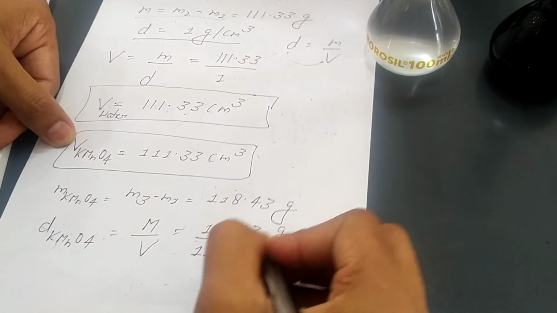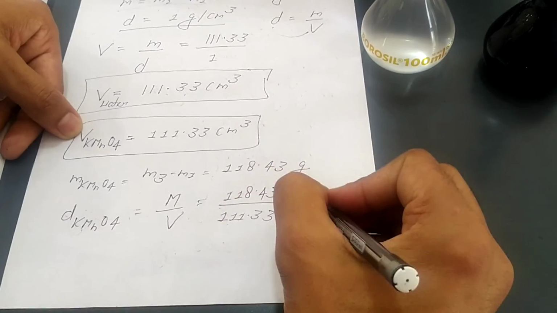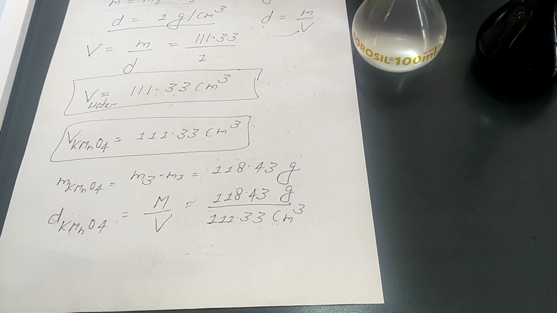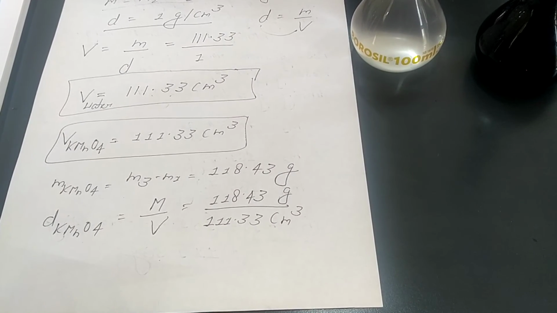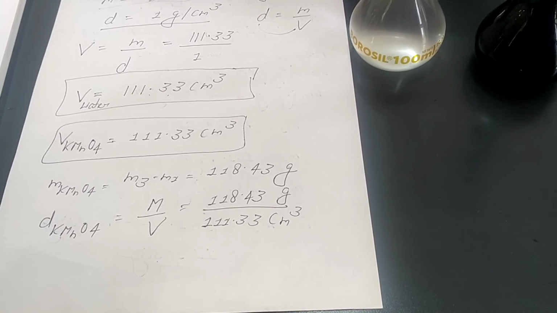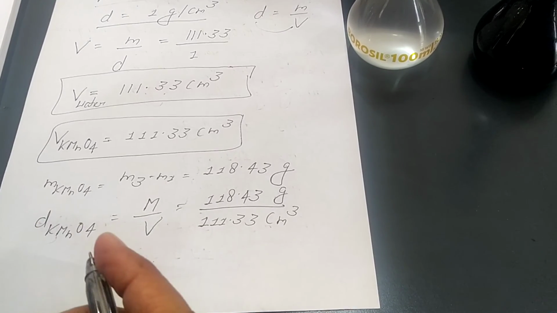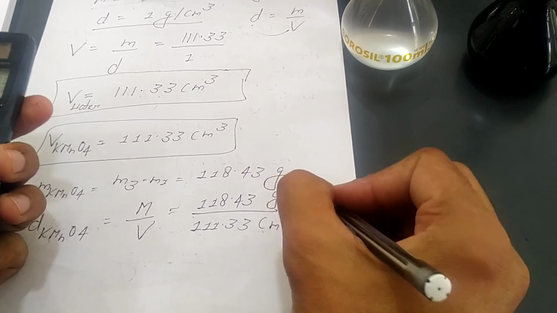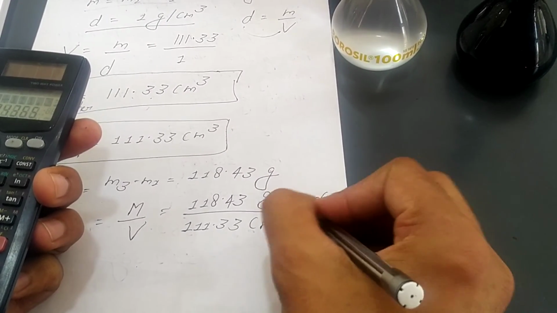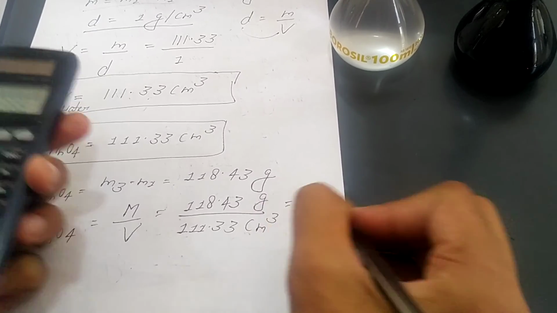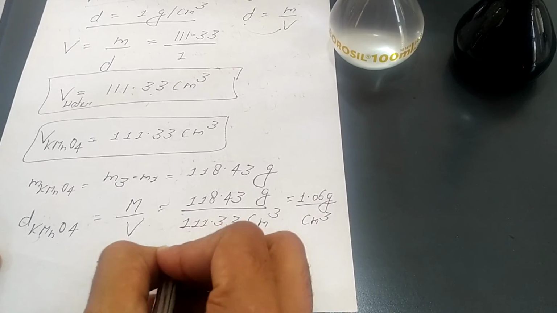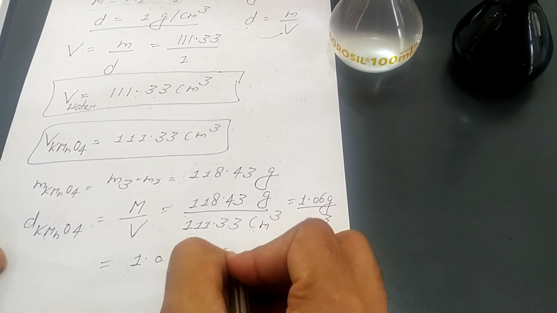This mass is in gram, this volume is in centimeter cube. If I solve these two numbers, 118.45 divided by 111.33, it will be 1.06 gram per centimeter cube.